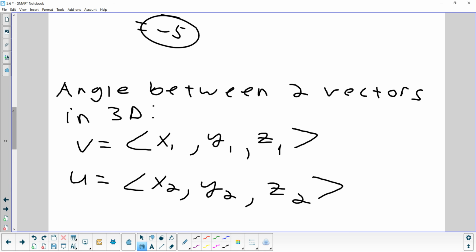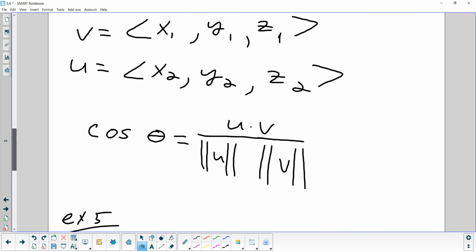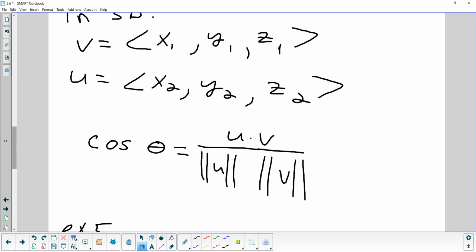What was on the right-hand side in the numerator? Dominic? The dot product. And what was on the right-hand side in the denominator? Yep. The magnitudes multiplied together. It's the exact same formula in 3D.